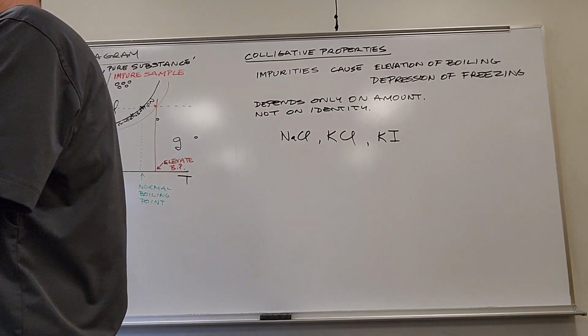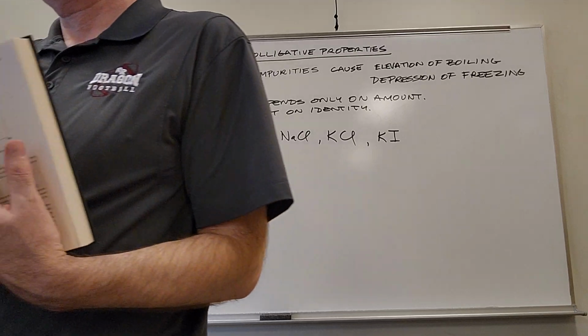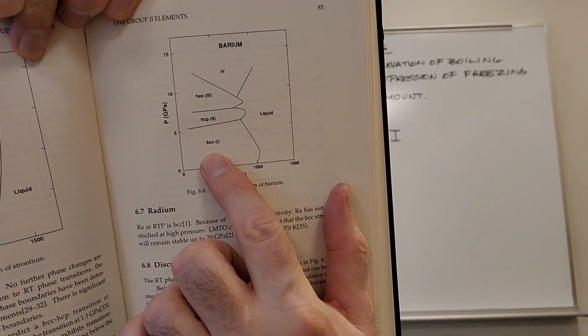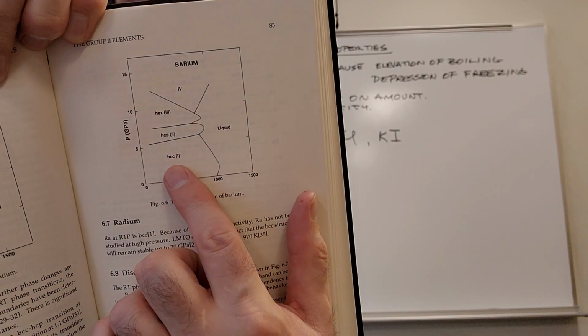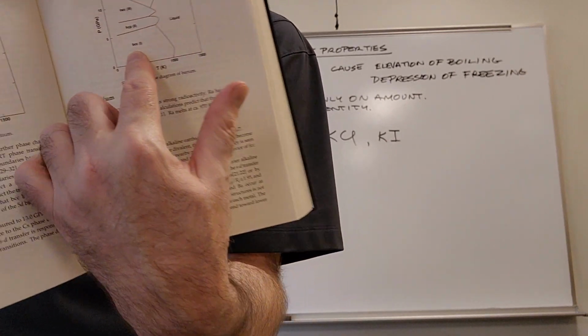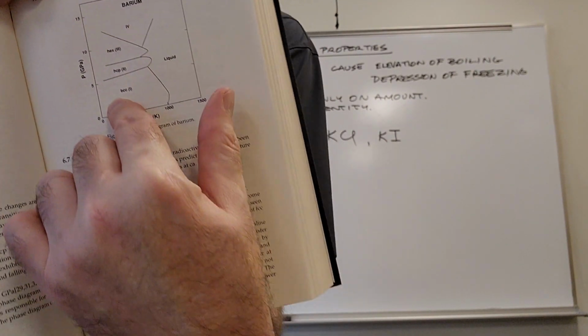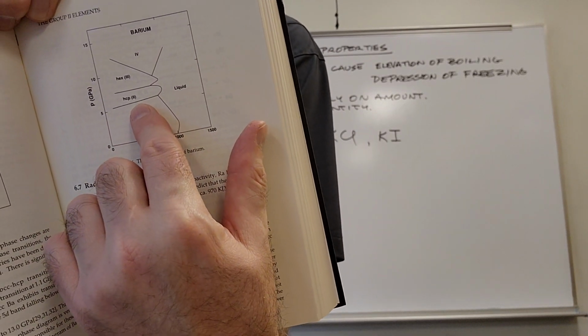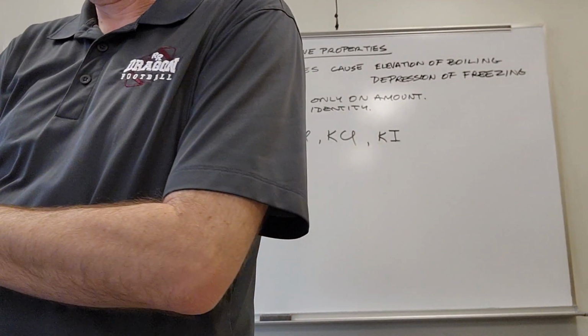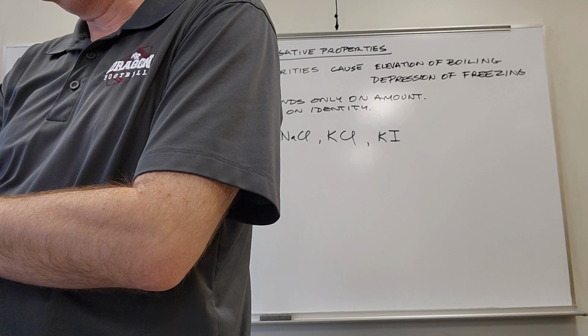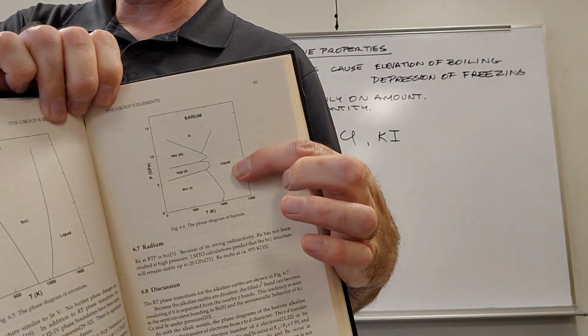And then BCC, body-centered cubic, which has a coordination number of 8. So we go from body-centered cubic to hexagonal close packed into hexagonal, and then the liquid over here on the other side.